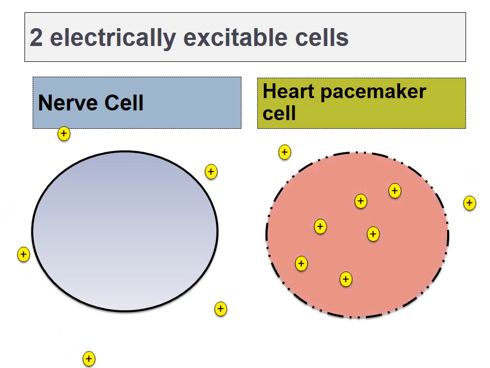This will eventually bring the SA node to threshold, which will open up voltage-gated sodium channels, and the SA node fires an action potential. This is in contrast to neurons, which required graded potentials to occur out at the dendrites before that cell could reach threshold. The SA node reaches threshold on its own.